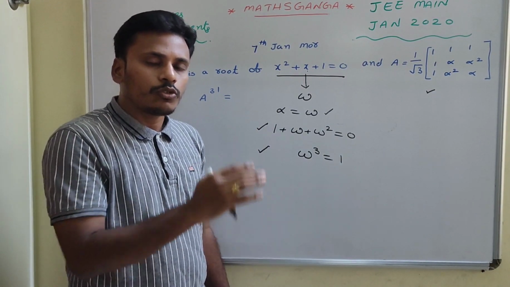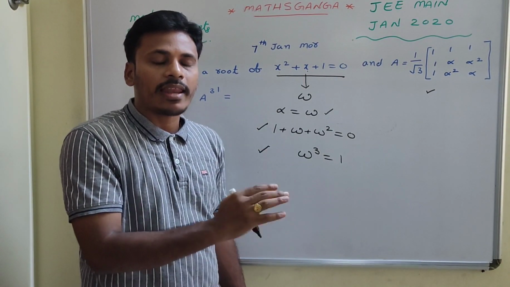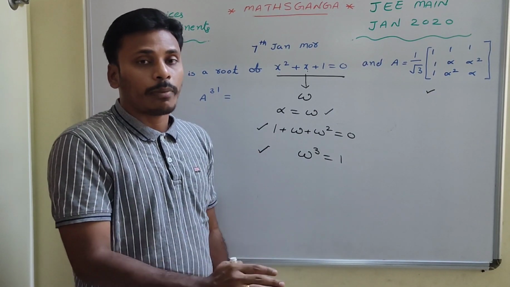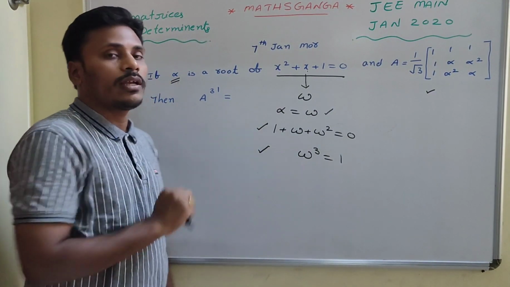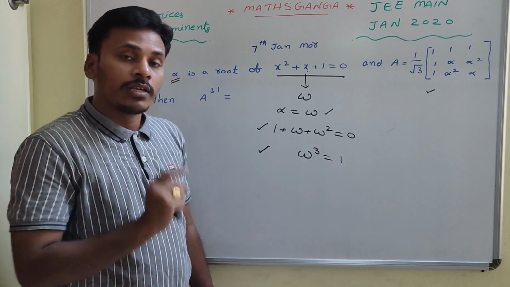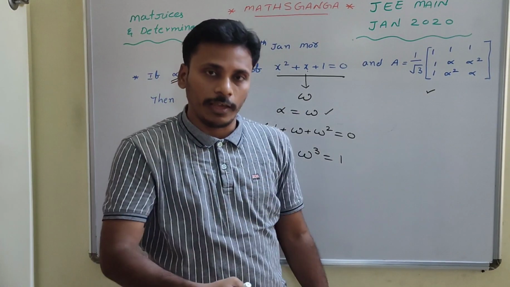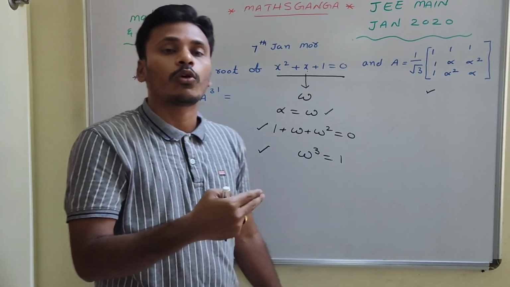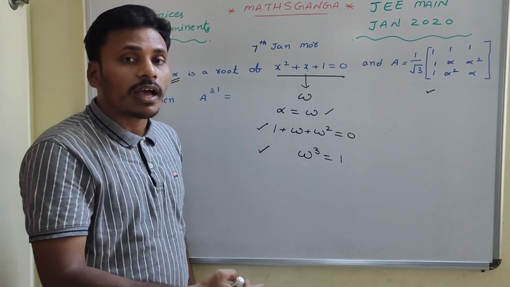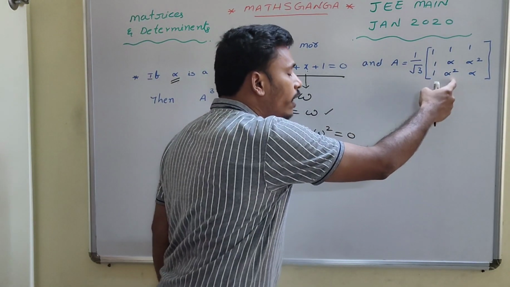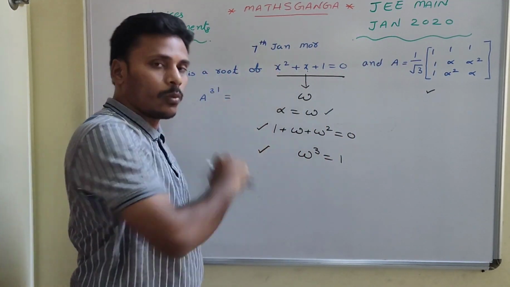Initially analyze the problem, make a plan and then try to implement. What is the plan here? They ask us to identify A power 31. To calculate A power 31, we need to observe the powers of A. For that, first I need to calculate A square, and for that I need to think about alpha, and alpha is given as a root of this equation.